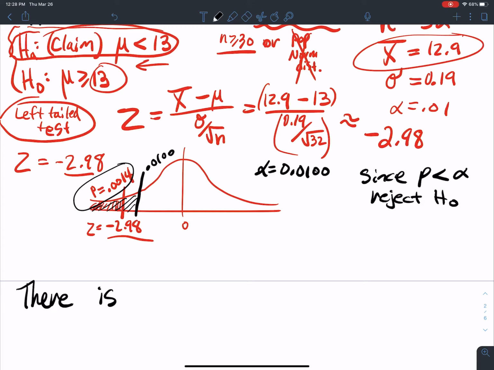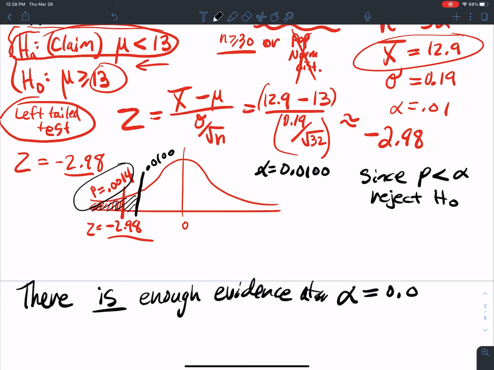Okay? So what does that mean in English? Since I rejected the H0, there is enough evidence at level of significance alpha equal to 0.01 to support the claim.